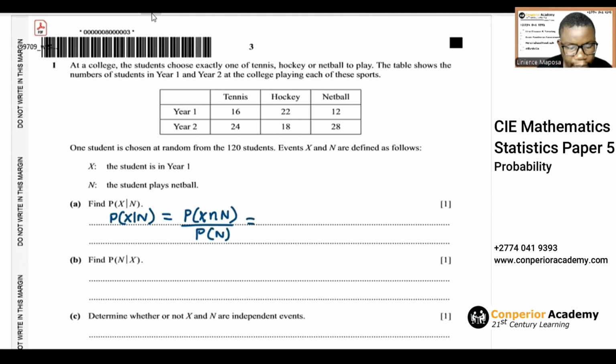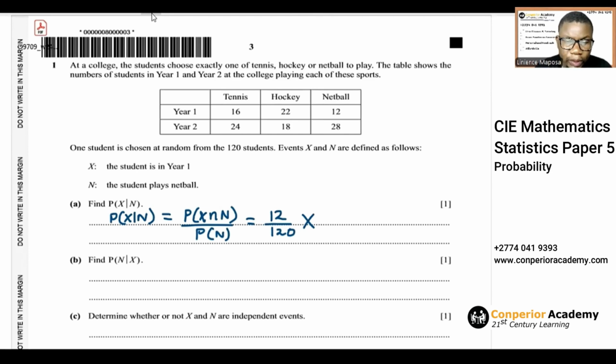So we need to find the probability of X intersection N. X is that they are in year 1, intersecting, they like netball. So year 1 playing netball, that's 12 over 120. So that will be 12 over 120 divided by, which means I'm going to multiply here, but I'll inverse the other probability.